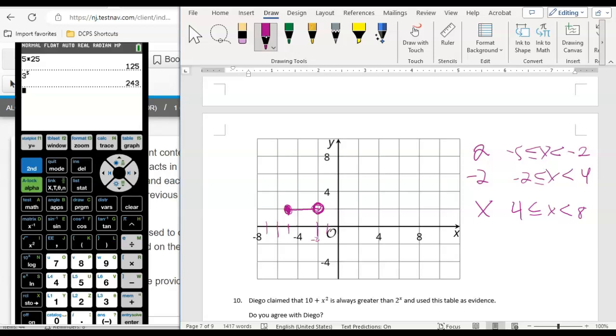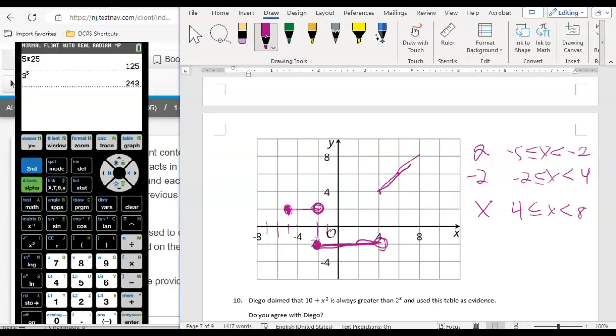All right. And then it is negative 2, so down here, between negative 2 and positive 4. So that's going to be the line there. And it is closed circle here, and open circle here. And then it equals x between 4 and 8. So between 4 and 8, we are going to say that it's 4, 4, and then it would be 6, 6, 7, 7, 8, 8.